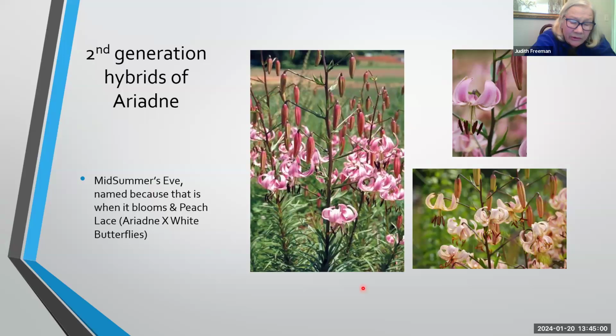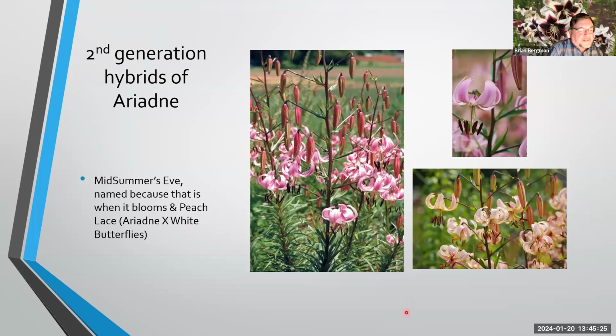White Peach Lace, because it has white butterflies, which is a pumilum hybrid behind it. You get the same color. It looks very similar in color in the field to Ariadne, but it flowers at least 3 weeks earlier. So I'm always looking. I always want to breed for diversity, but I want the whole range of flowering times.